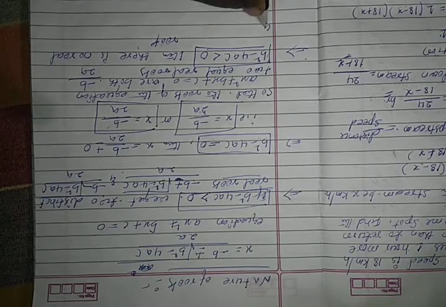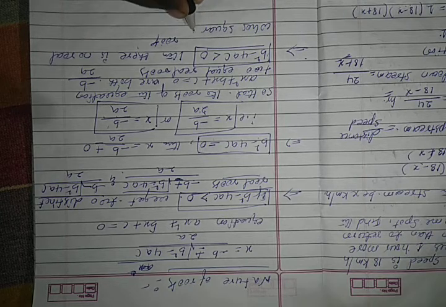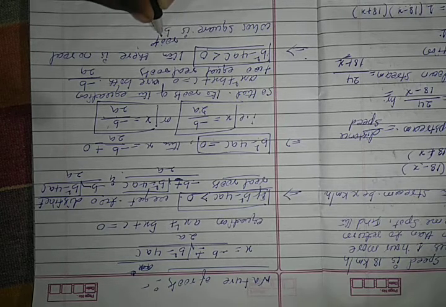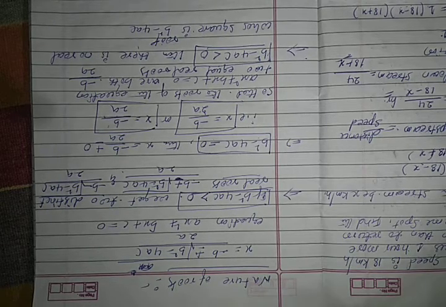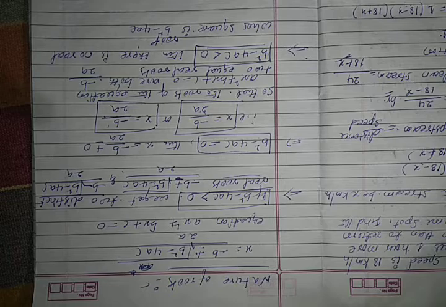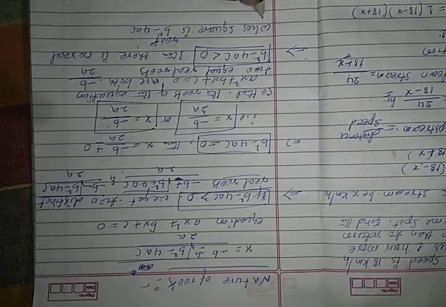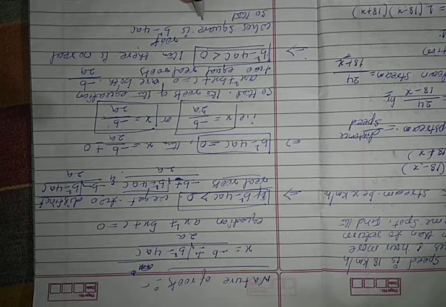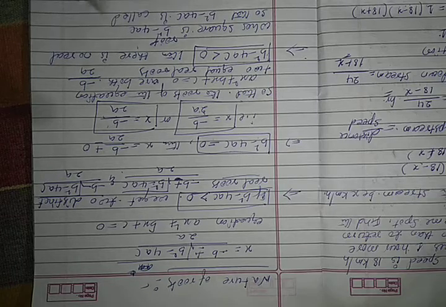Whose square is b square minus 4ac. So therefore there are no real roots for the given quadratic equation. Therefore, b square minus 4ac is called the discriminant.